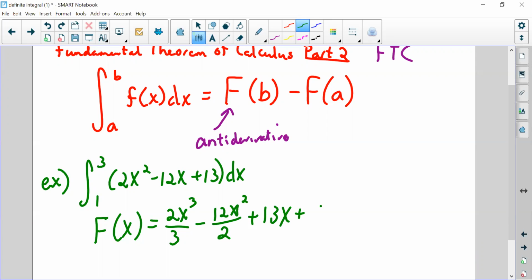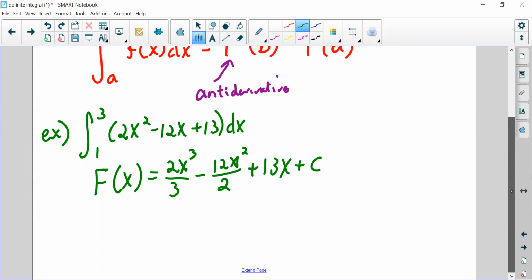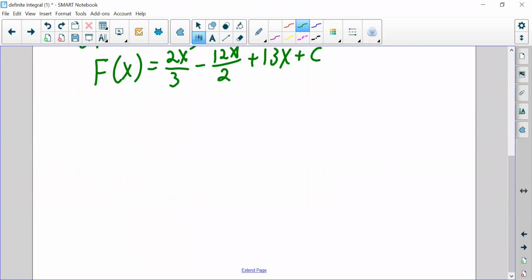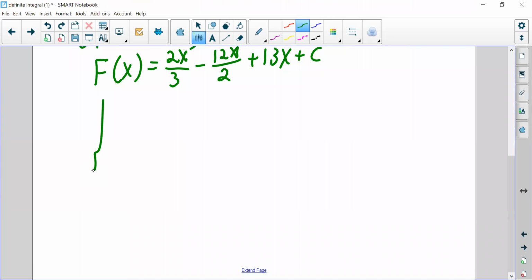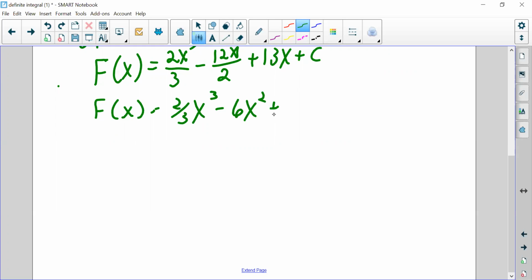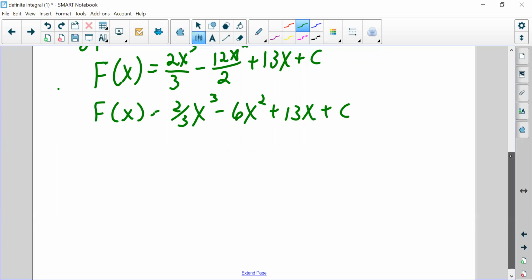Let me simplify that. So our antiderivative is 2/3 x cubed minus 6x squared plus 13x plus c. You okay with that?